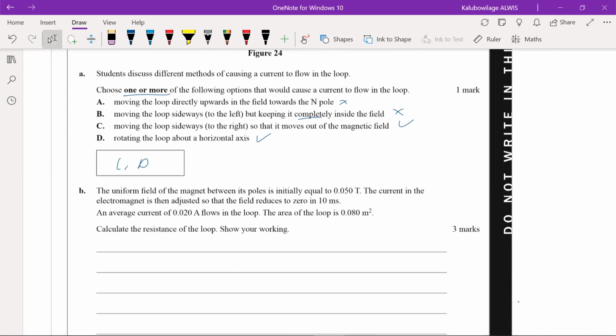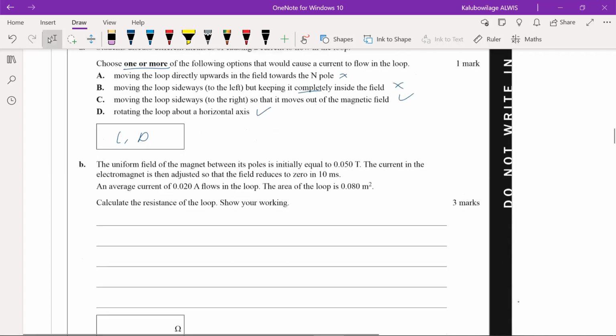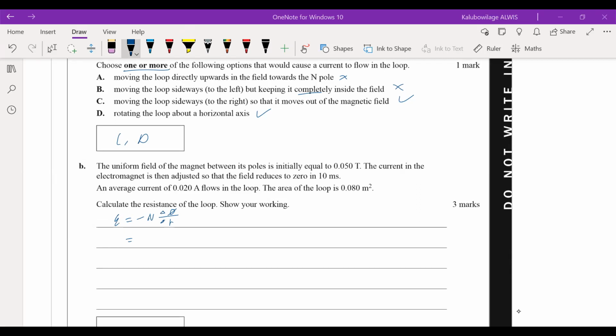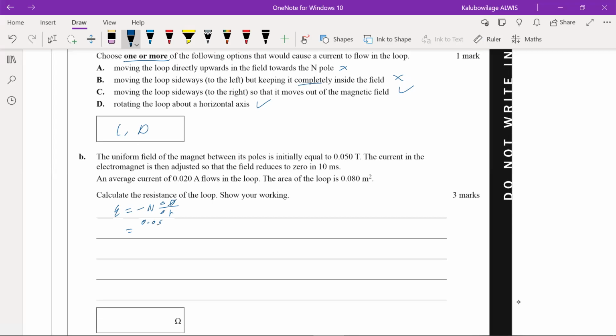Uniform field of the magnet. Calculate the resistance of the loop. So we have to find the voltage first. Find the EMF. It's minus N flux change over time. It's just one turn, so we have 0.05 as the field strength multiplied by the area.